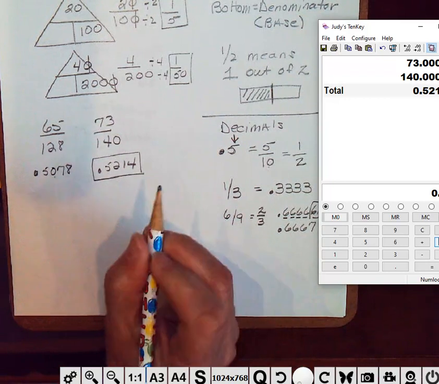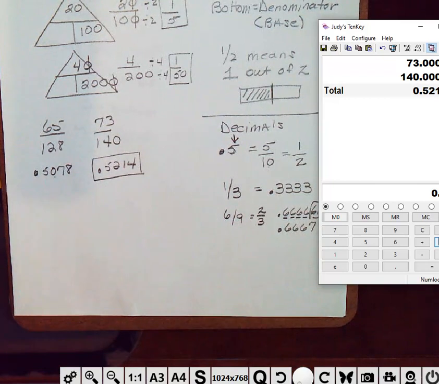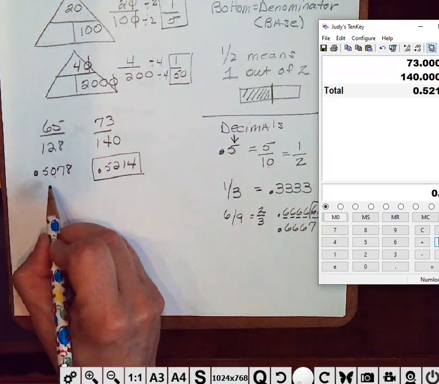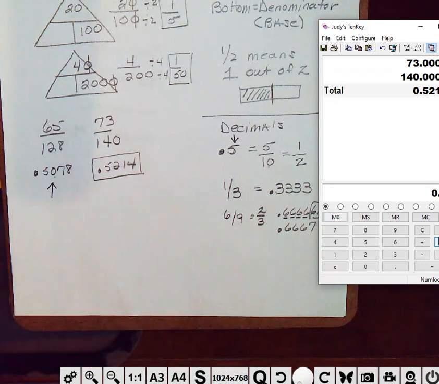Okay, what does that matter? If I'm getting a loan and the loan officer gives me loans in oddball fractions that I don't know, I want to compare, and I would want the lowest rate. So I would pick that one.